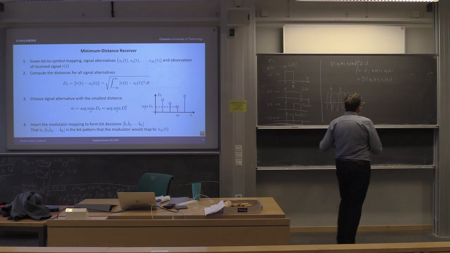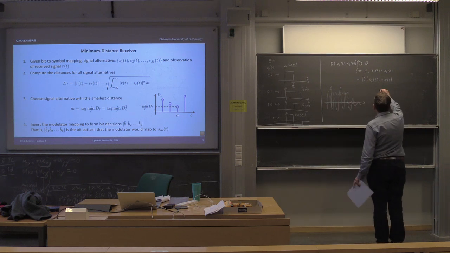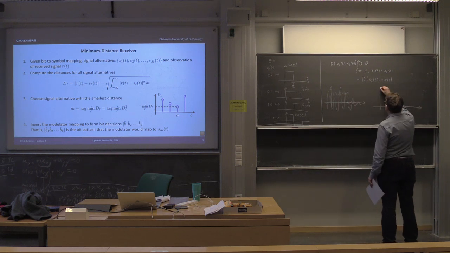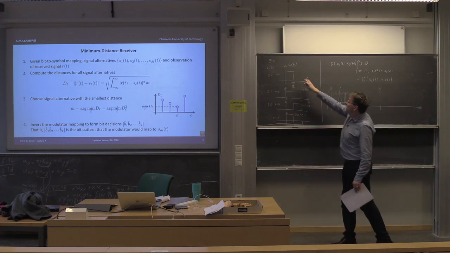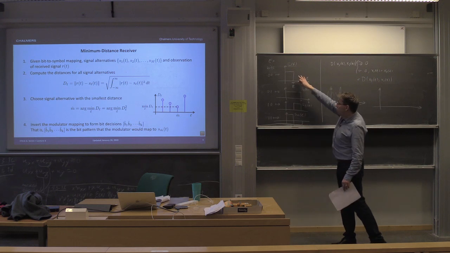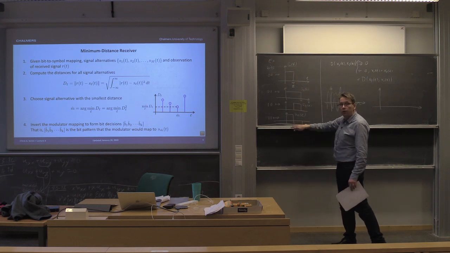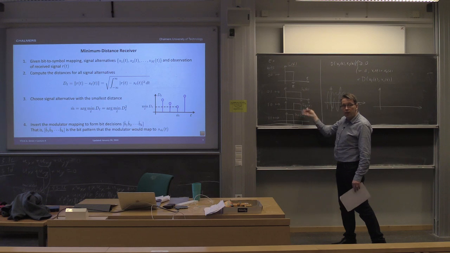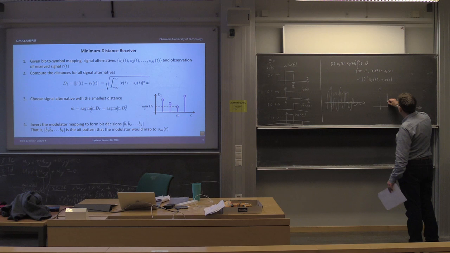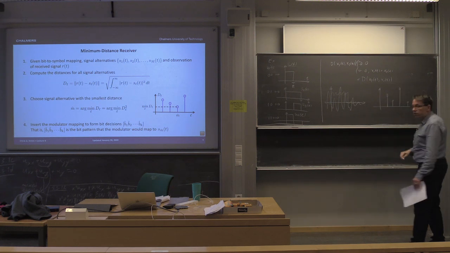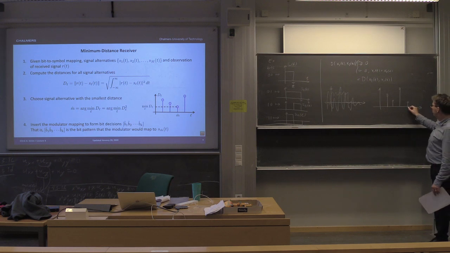So basically we form the distances as we did here. We take whatever we receive, we subtract off one of these in turn, form the absolute value, integrate, and then we get a number. Then we just plot these numbers like this. And then we pick, okay, it's hard to see, but this is then m hat.